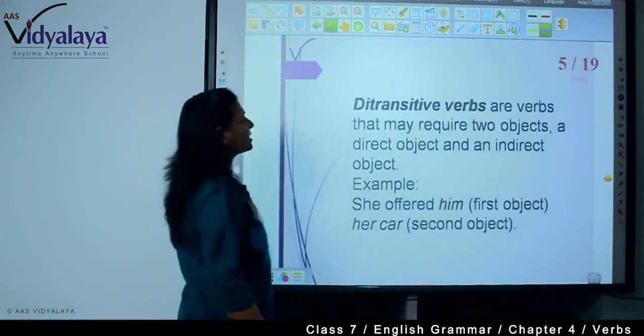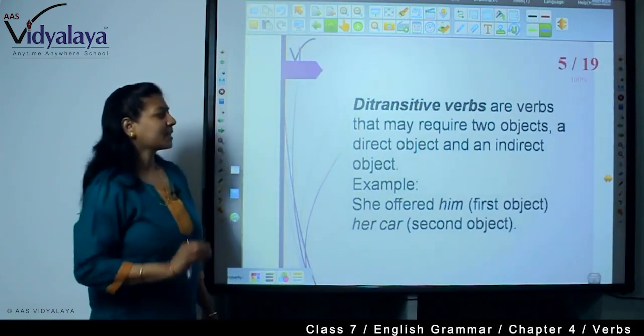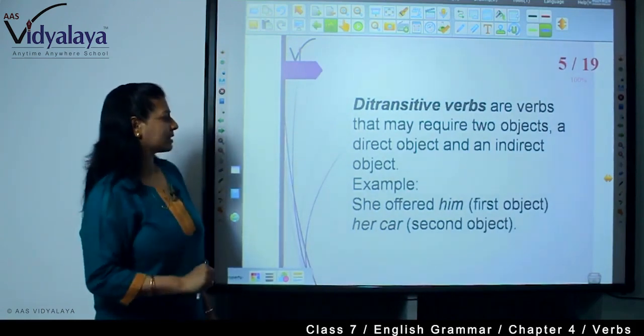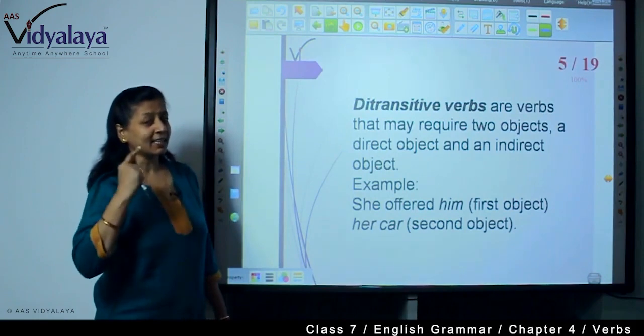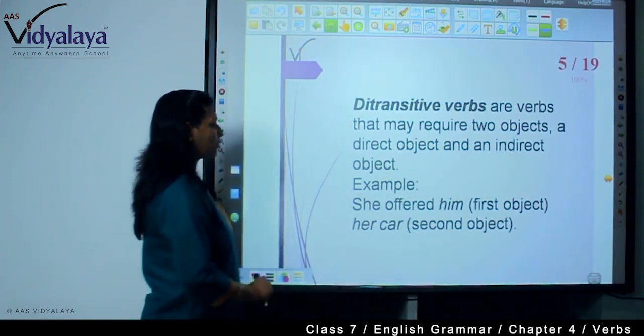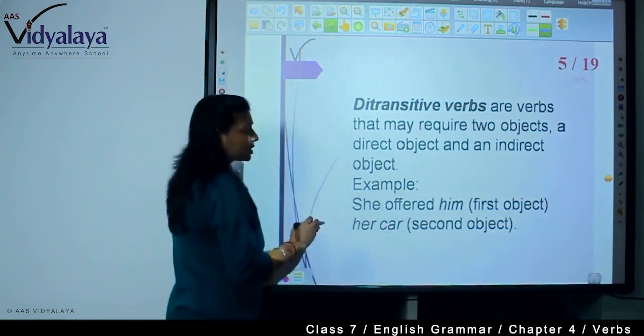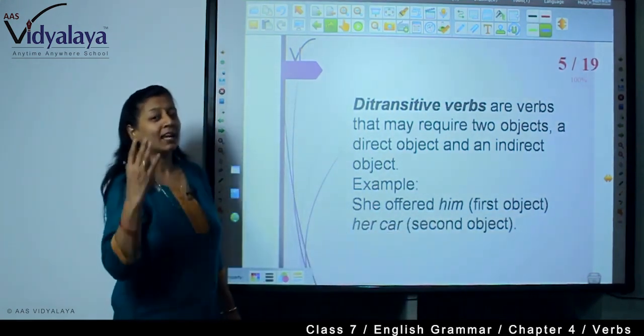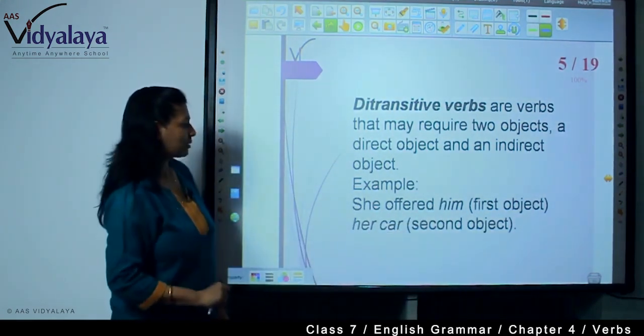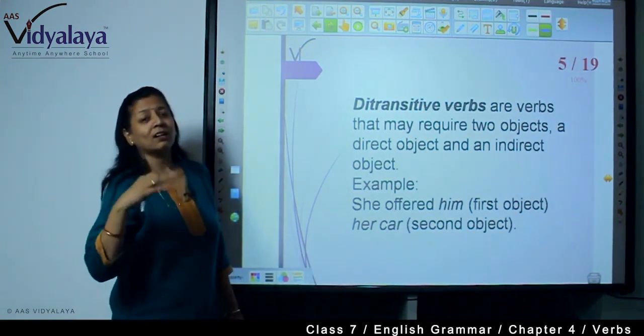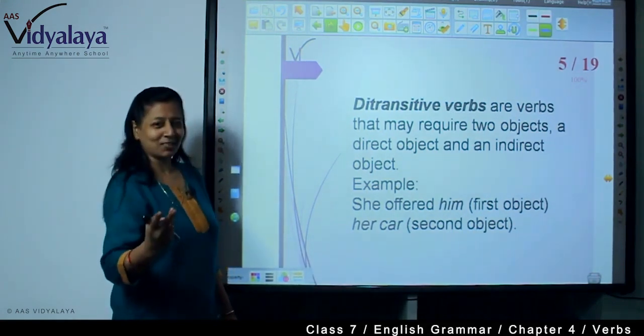Next, ditransitive verbs are verbs that may require two objects, a direct object and an indirect object. For example, she offered him. She offered who? Him. First object. What? Her car. Second object.